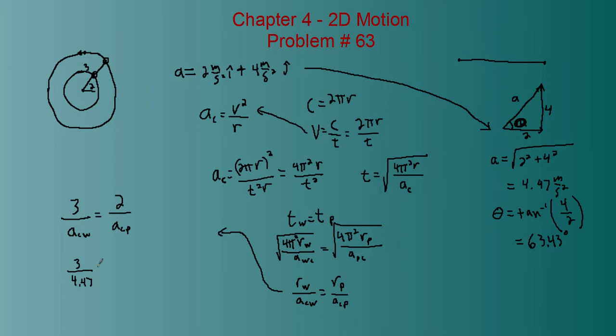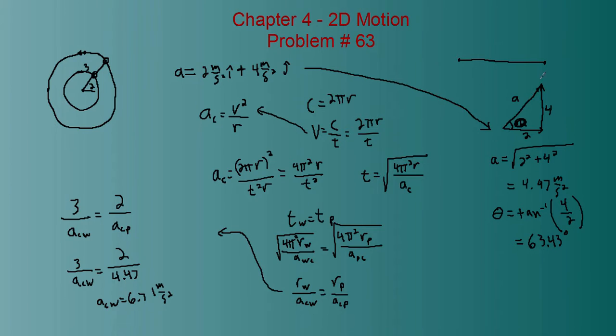We have 3 over a centripetal of the wallet equals 2 over 4.47. Sorry, we're looking for the wallet. Let's just back up a little bit. a centripetal of the wallet equals 3 over 2 times 4.47, so a centripetal of the wallet is 6.71 meters per second squared.